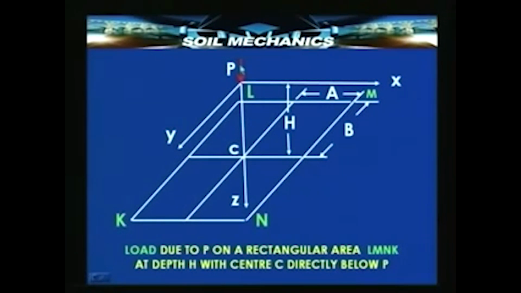Here we have the concentrated load, and we have a finite area LMNK, the center of which is directly beneath the point P. Now, we already know how to calculate the stress at a point C directly beneath P. Now, if this happens to be the center of a rectangular area of finite dimensions, then we can apply this formula repeatedly, or the integral of this, to find out the total load on that finite area denoted by LMNK of dimensions 2a by 2b. Now, we had seen an example of how to do this in the last lecture.